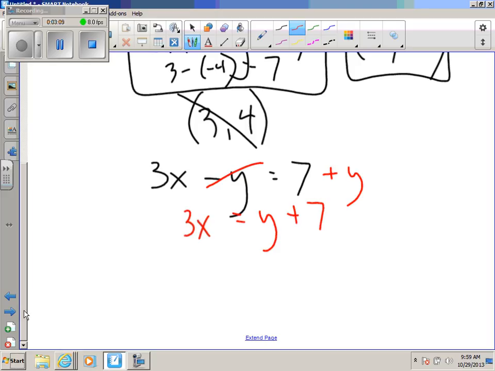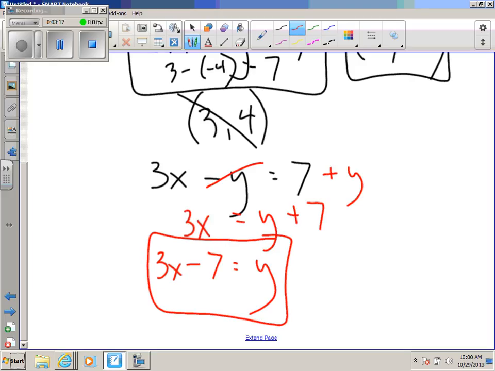Yeah. Subtract the 7. Good to go. If you look, I've got two sides. I want to get that y, so it's just y. What's attached to it? And how do I get rid of a positive 7? Subtract it. So I subtract it there, then I have to subtract it from the other side.